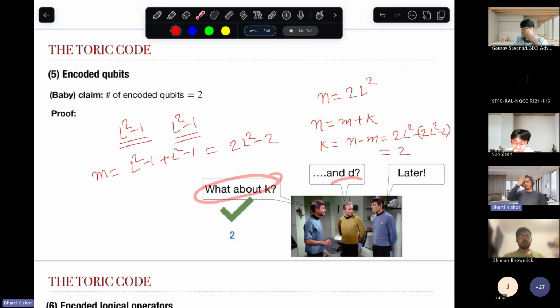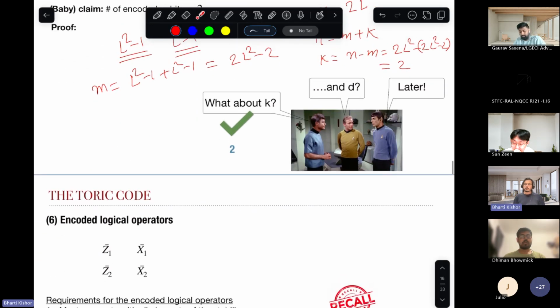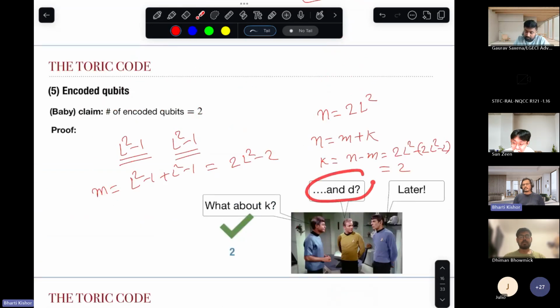Now one can ask, what is the D? Because we are in the stabilizer formalism, we talked about N, we talked about all these stabilizer generators, and then we talked about K. But we also need to talk about the distance D. If you remember, distance is the weight of the minimal weight logical operator, and a logical operator lives in the centralizer of the stabilizer minus the stabilizer.